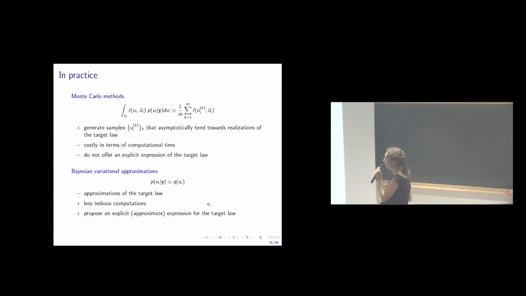In some cases, yes, in other cases, no. I will tell you a little bit about that in the following slides. But it comes with less tedious computations, and it proposes an explicit expression of the target law, the posterior distribution. So I find it very elegant in comparison to Monte Carlo methods. This is my opinion.